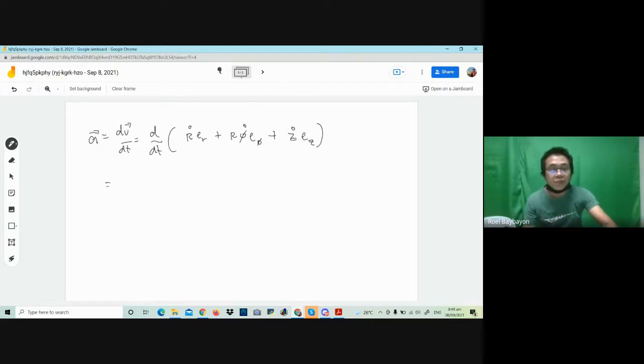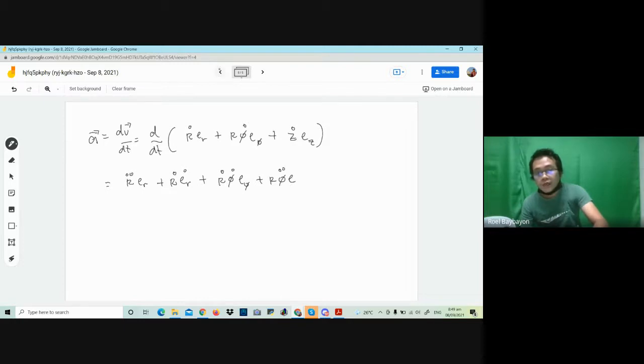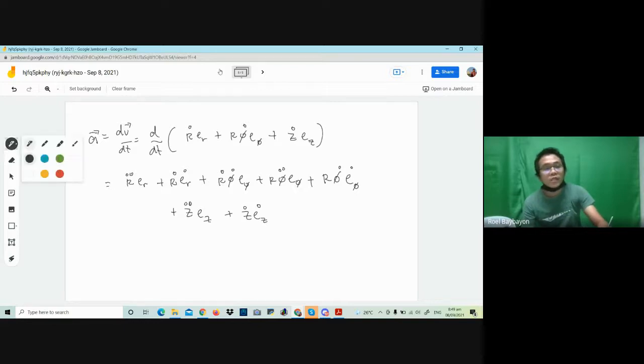If we derive this, we have six terms: R double dot ER plus R dot ER dot plus R dot phi dot E phi plus R phi double dot E phi plus R phi dot E phi dot plus Z double dot EZ plus Z dot EZ dot. But take note, EZ dot is 0. So it has 1, 2, 3, 4, 5, 6 terms.